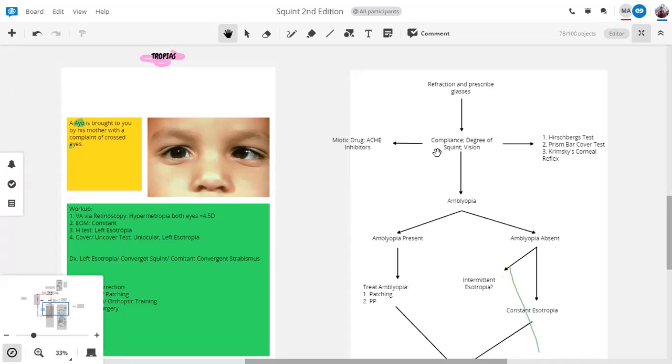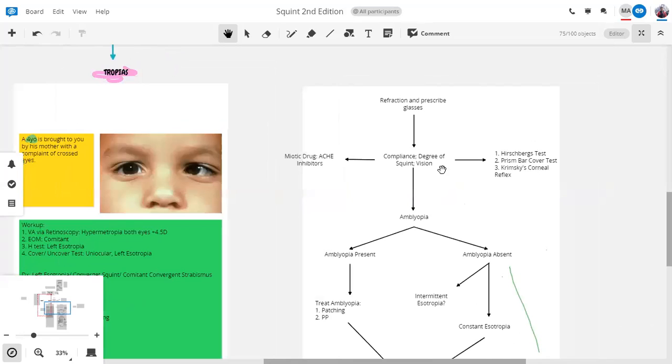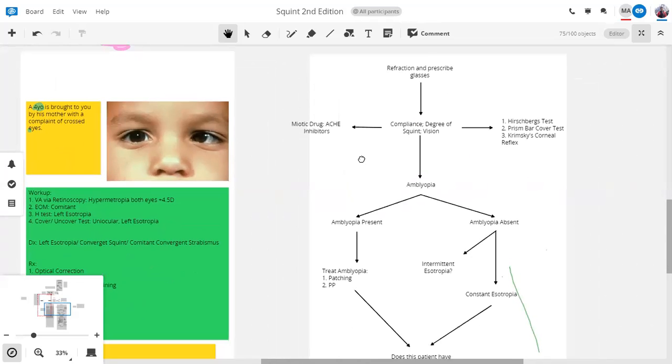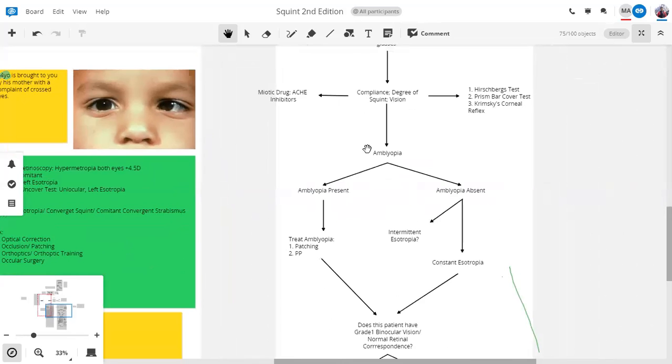Then we will perform the Hirschberg's test and the cover test to assess what type of squint it is. That is the algorithm above. Then we will check the degree of deviation using a prism bar cover test or Krimsky's corneal reflex. After that, depending upon the visual acuity and the responses of the eye, we will assess whether the patient has amblyopia or not.